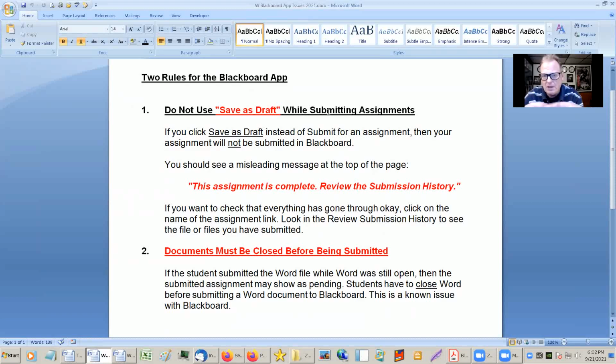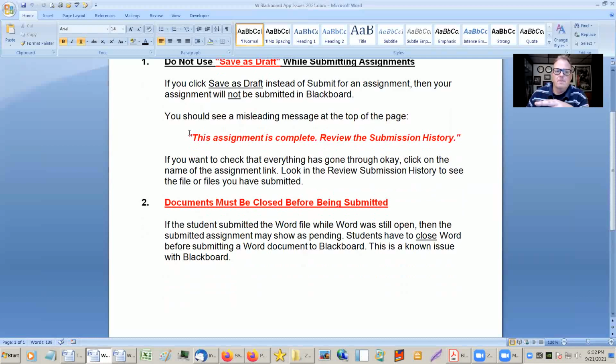If you hit save as draft, what that means is you want to look at it before you submit it. Now, the problem is it's going to look like you've already submitted it. You'll see a message that looks like this: This assignment is complete. Review the submission history.